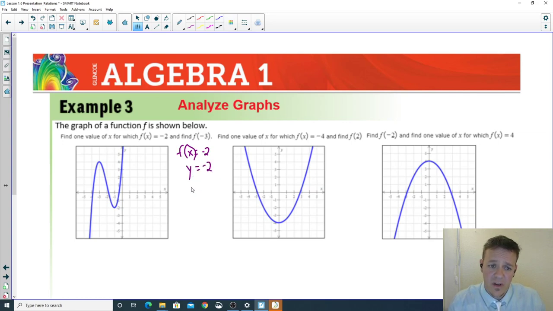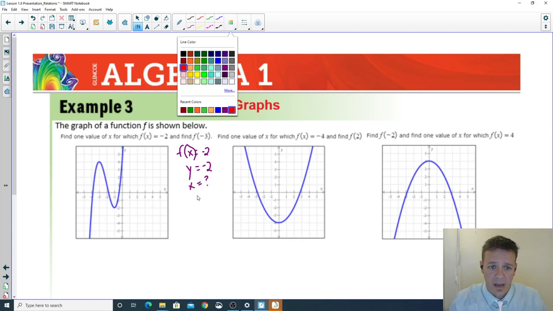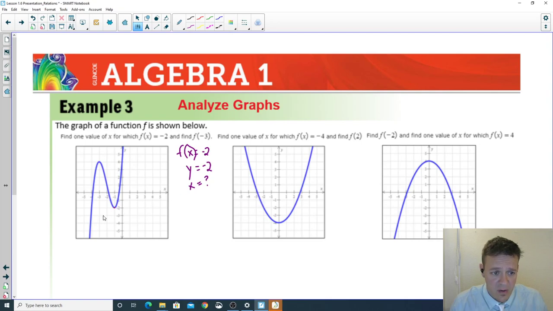What I need you to find is the x value. If I look at this graph where y is -2, I have two possible answers: x equals either -1 or -4.